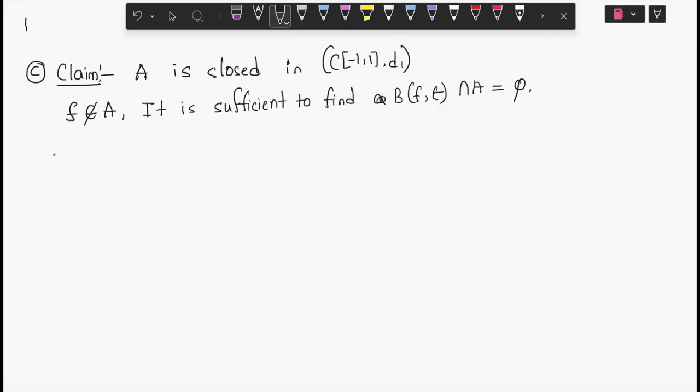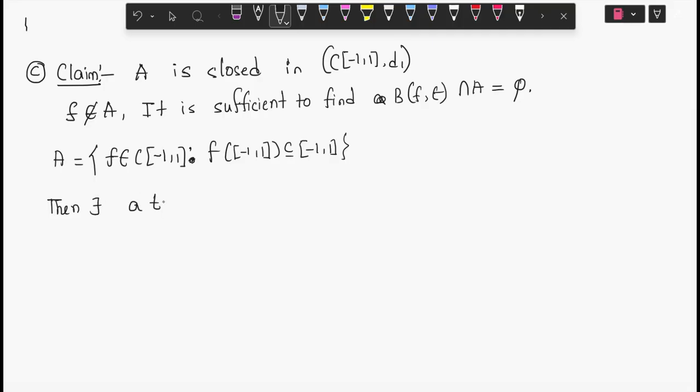So now I choose f that does not belong to A. As A is equal to all such f belonging to C[-1,1] such that f([-1,1]) is a subset of [-1,1], that is our A. So as f does not belong to A, there exists t belonging to [-1,1] such that f(t) is either less than -1 or f(t) is greater than 1.